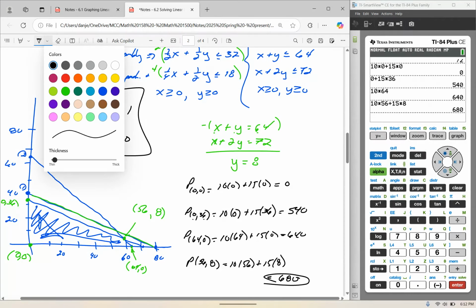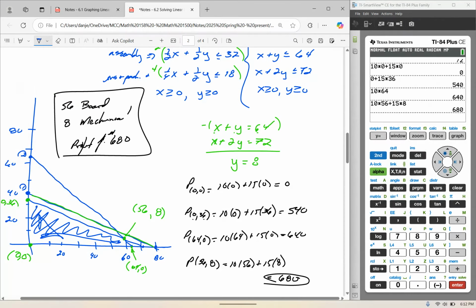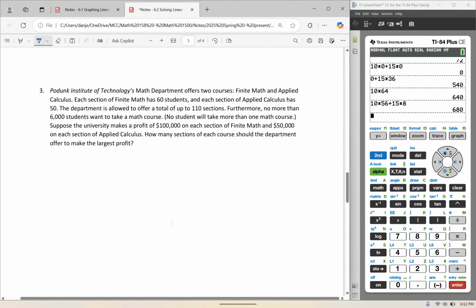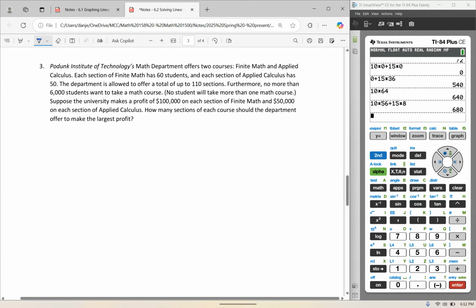Okay? Like I said, I have 2 more examples that we can walk through. The Podunk Institute of Technology's math department offers 2 courses, finite math and applied calculus. So X is going to represent the finite math and Y is going to represent the applied calculus. Each section of finite math has 60 students.